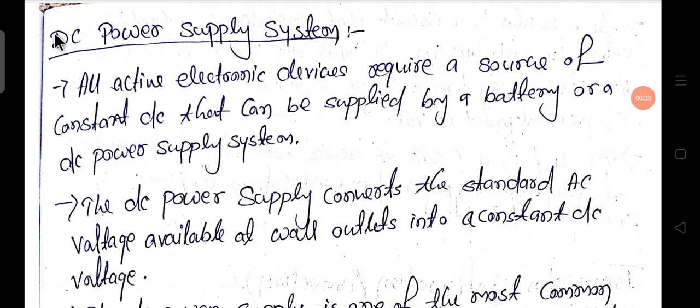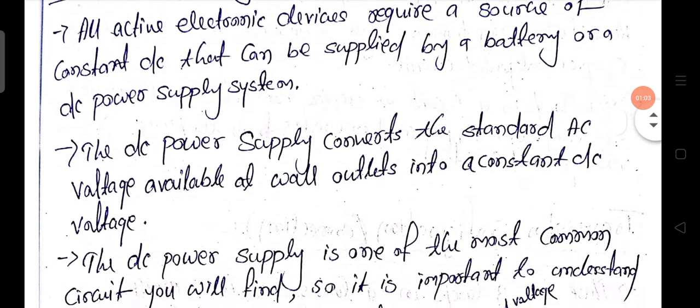All the active electronic devices require a source of constant DC that can be supplied by a battery or a DC power supply. In our daily life, many devices or components use DC, and they get it from a battery or from a DC power supply system.